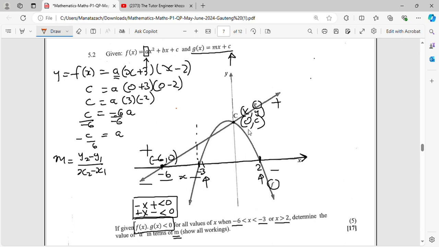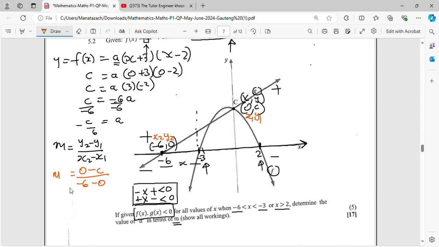I can call this x1, y1, and this will be x2, y2. So m will be equal to y2, which is 0, minus y1, which is c, divided by x2, which is -6, minus x1, which is 0.